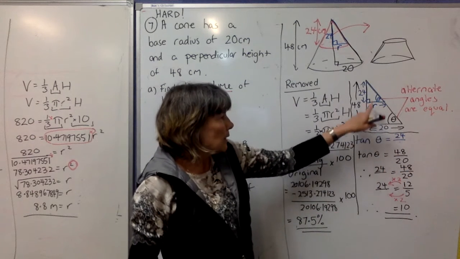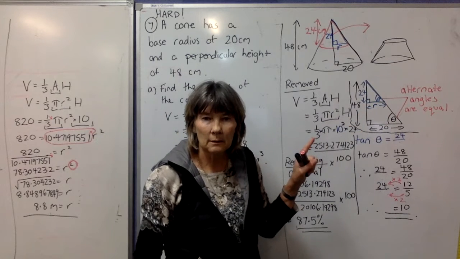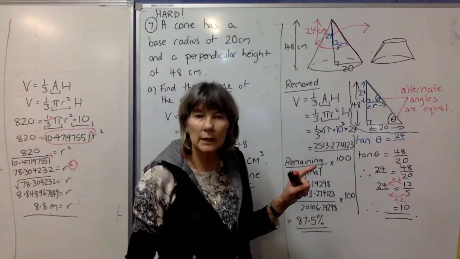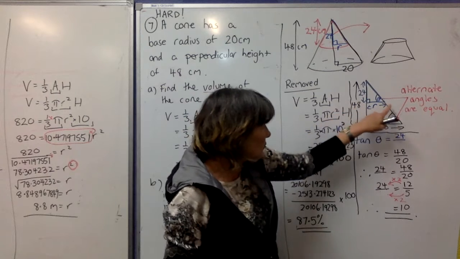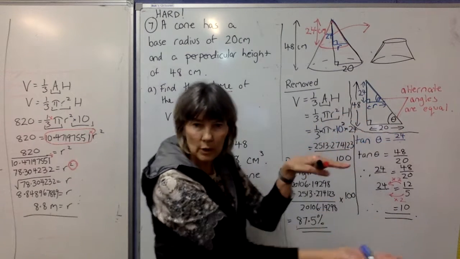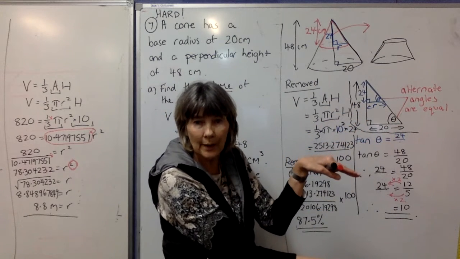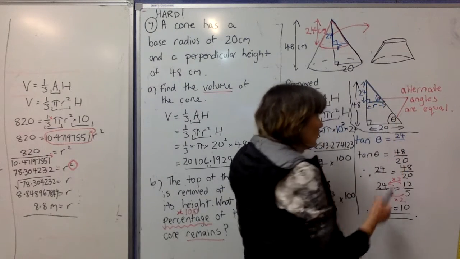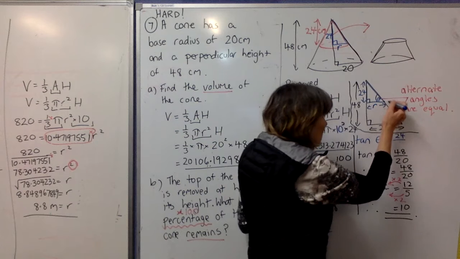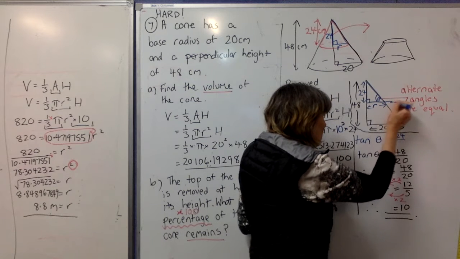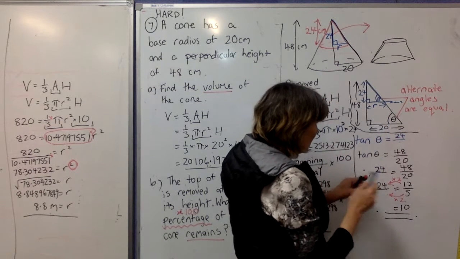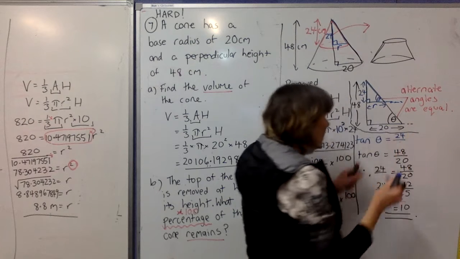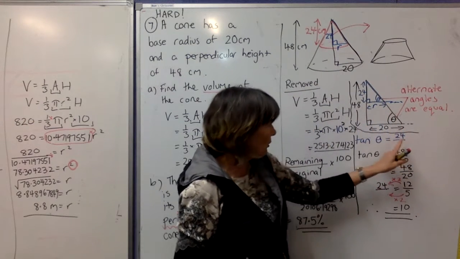Okay, so these angles here are actually equal, right? Because they're horizontal lines going through there. And two horizontal lines will be parallel to each other. So you've got parallel lines. Here's your transversal cutting through the parallel lines. I could extend these lines so you can see it a bit better. Right, if I extended these, you could see your parallel lines. There's the transversal cutting through.